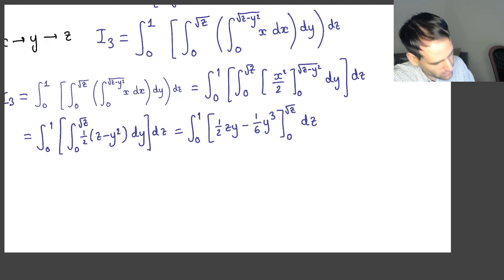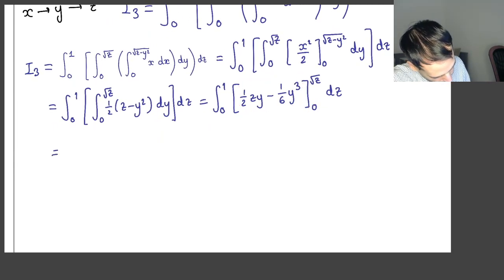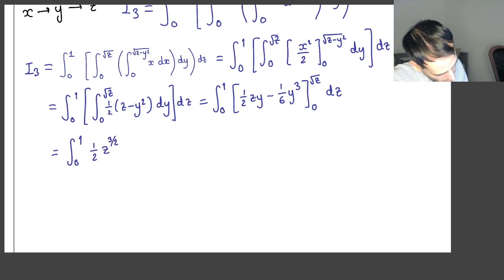So now I have to substitute y equals square root of z and then subtract when y equals 0. So what I get is the integral between 0 and 1 of 1/2 z times square root of z, that is z to the 3/2, minus 1/6 times square root of z to the power 3, that is 1/6 of z to the power 3/2.